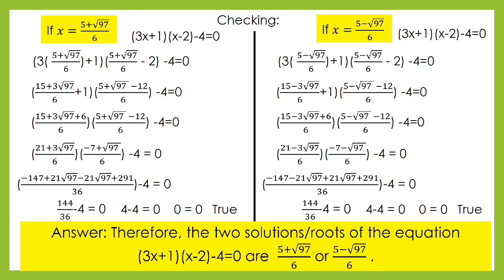Ayan. So, medyo mahaba-haba lang ang solution kasi yung ating roots or solutions are irrational. Meron tayong square root of 97 dito. Okay. Pagalang mag-solve.